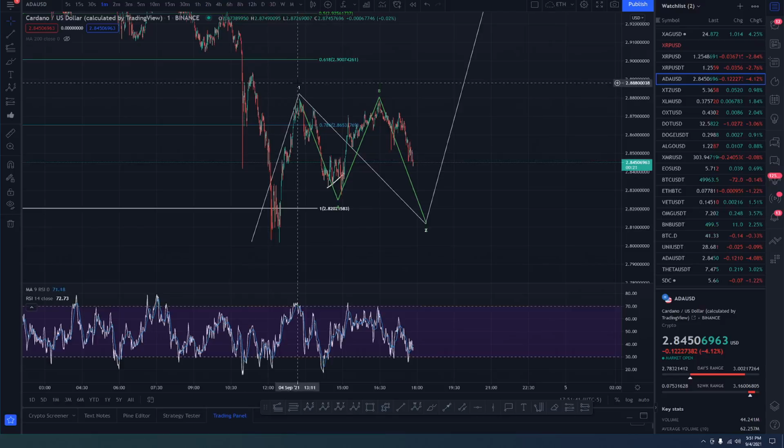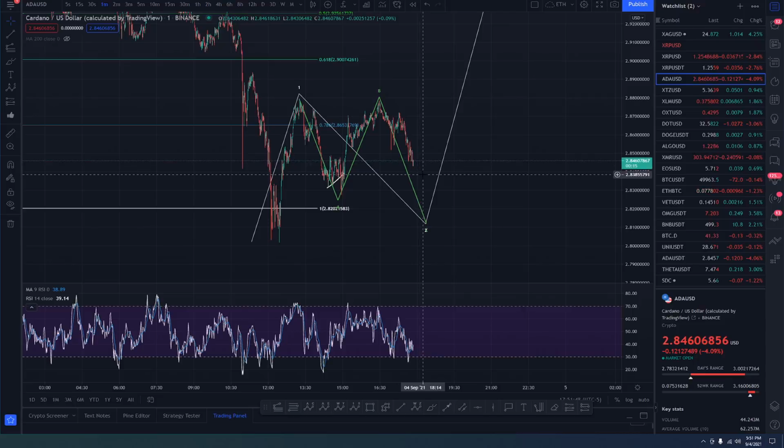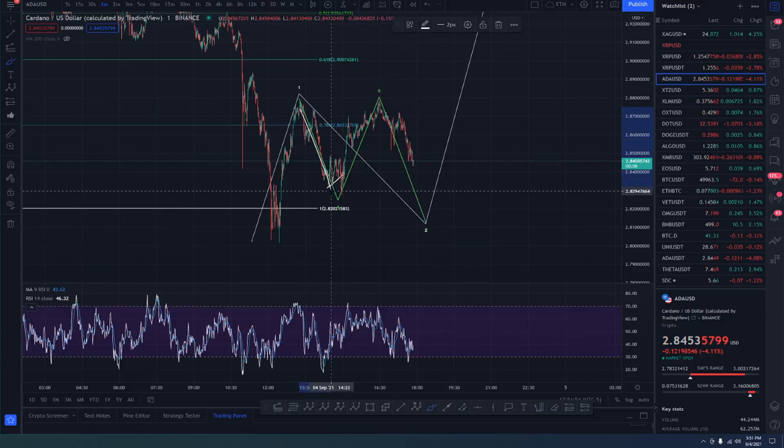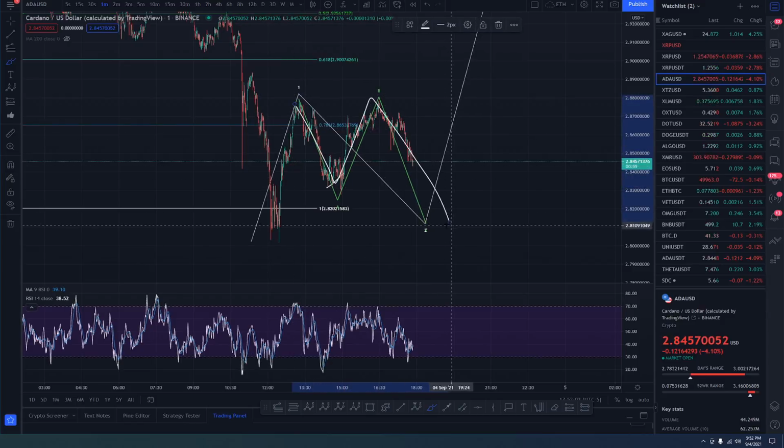So either this is a 1-2, and it's getting ready to go up, or this is going to form 5 waves, and it's coming down here, and it could be a 3-wave move. Or no, sorry, that's incorrect. A 3, 3, and a 5. ABC.